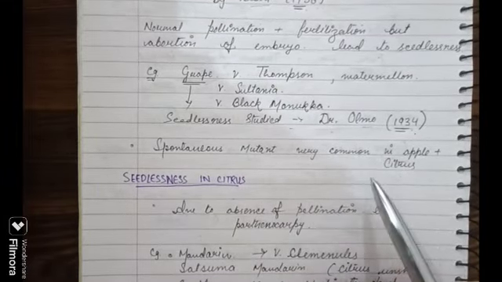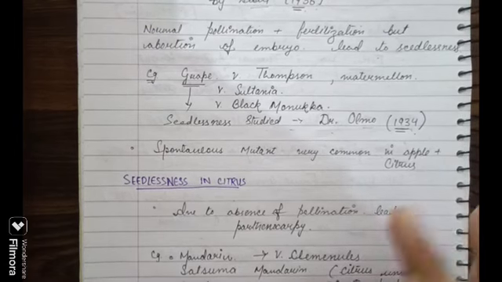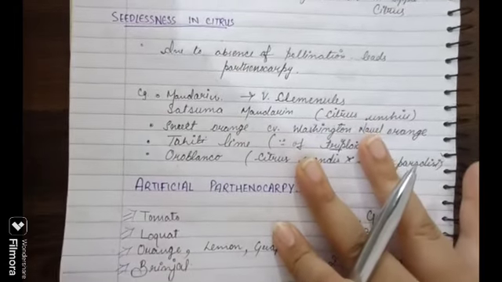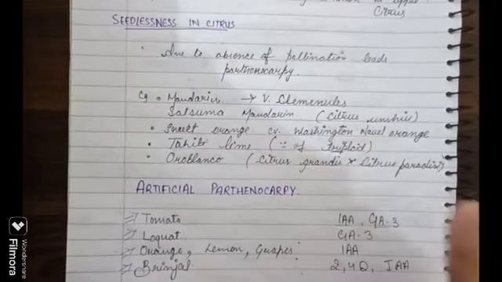This was all about stenospermocarpy. Now we'll learn about seedlessness in citrus.